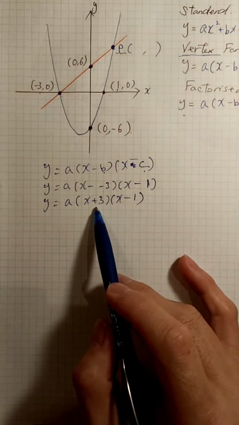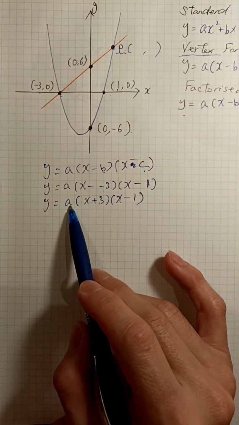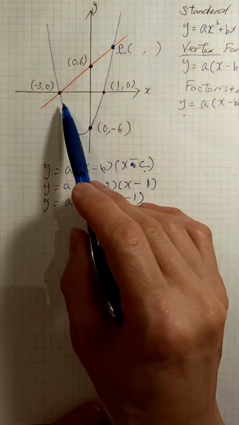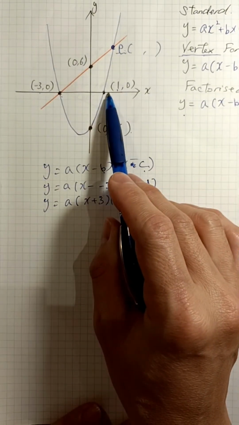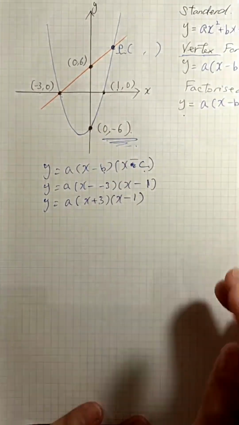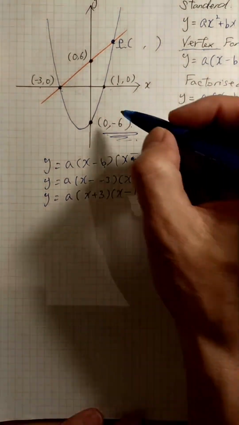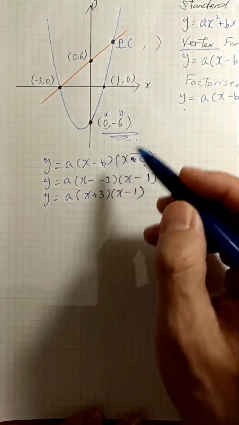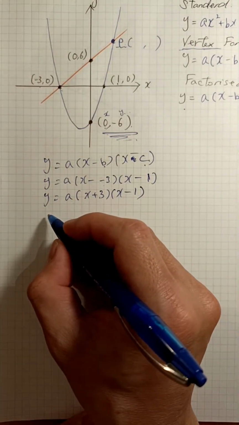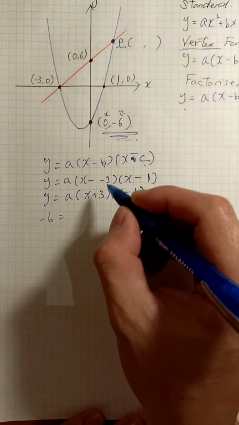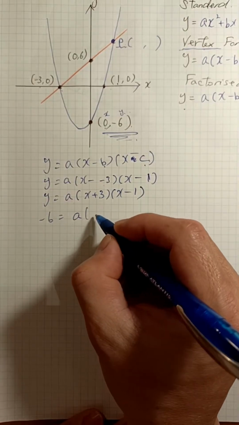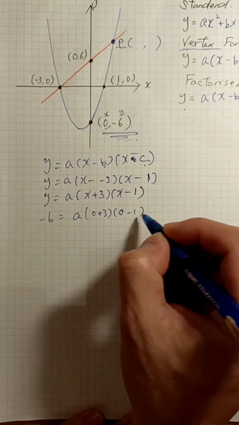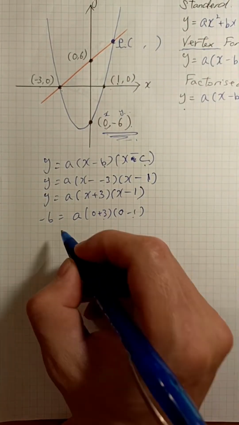Then to figure out a, what do you do? You've got another piece of information aside from those two, which is this one. So you plug in x equals 0 and y equals -6. So -6 equals a bracket 0 plus 3, 0 minus 1, which means 3 times -1.